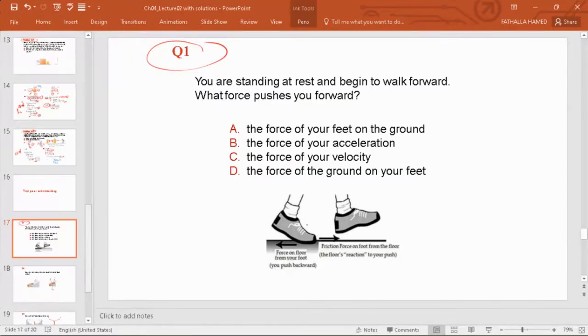So you look at your foot here, and we say the force on the floor from your foot, you push backwards with your foot. But the friction force on the foot from the floor, this is basically the reaction force in this case, and it pushes you forward.